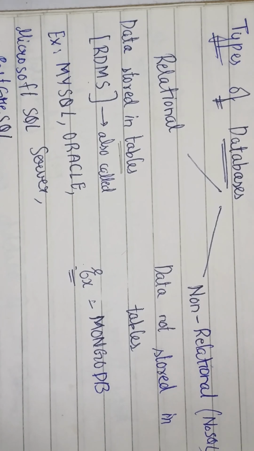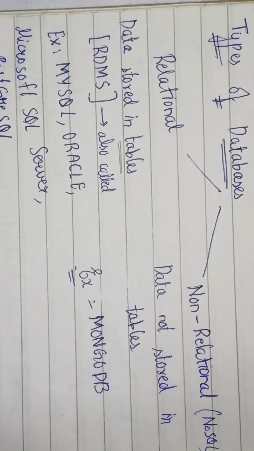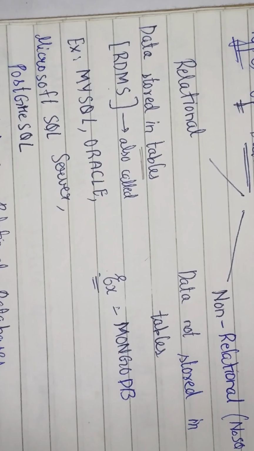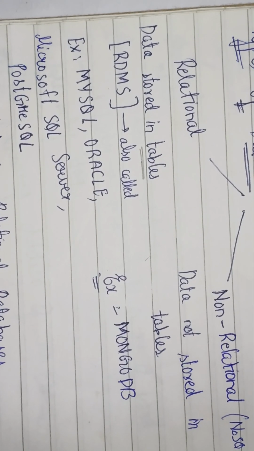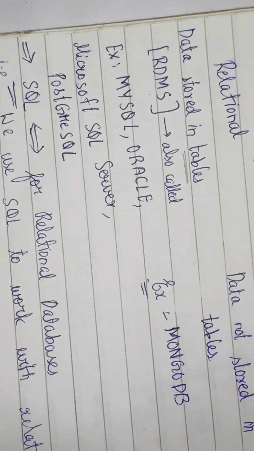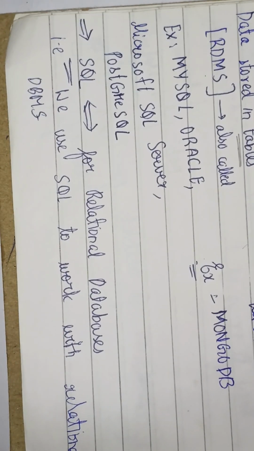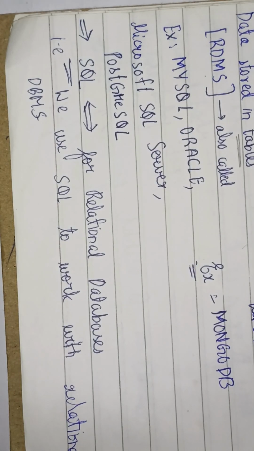For non-relational database, we use NoSQL language. And for relational database, the examples are MySQL, Oracle, Microsoft SQL Server, and PostgreSQL. And for non-relational databases, example is MongoDB. So, SQL language, we use it for relational database. We use SQL to work with relational DBMS, database management system.